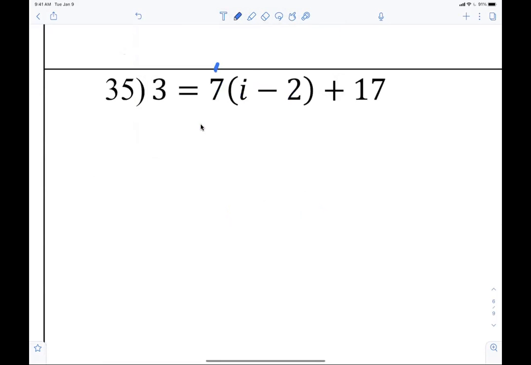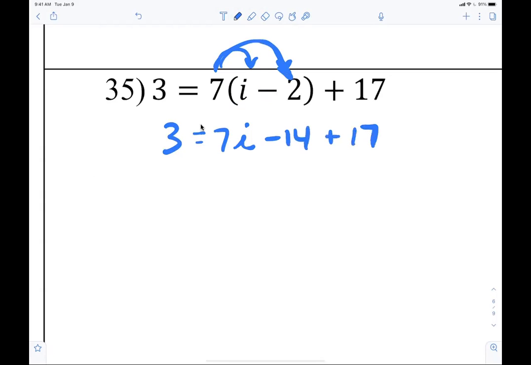Yep, distribute the 7. Perfect. So the 3 equals 7i minus 2, minus what? Distribute the 7 to the 2. 7 times 2. Oh, 14. Plus 17. Now what? Would you subtract the 14 and the 17?